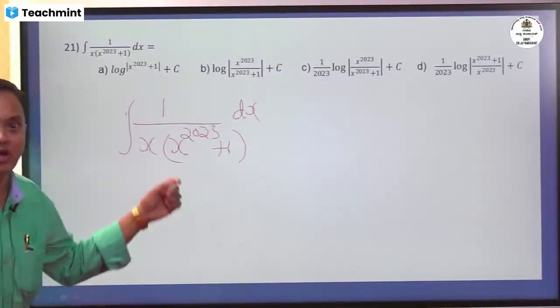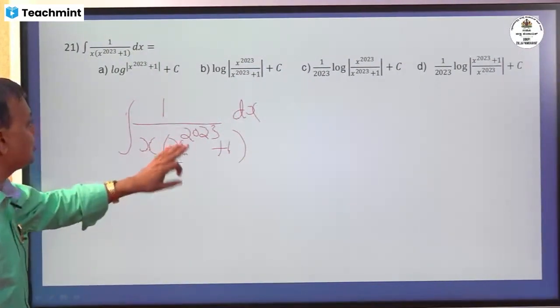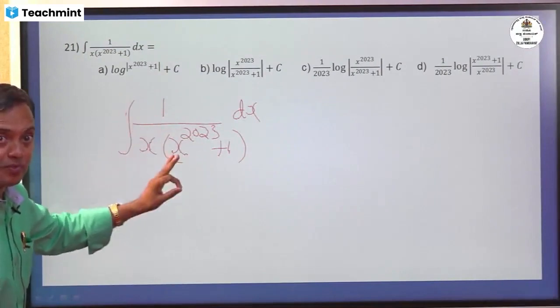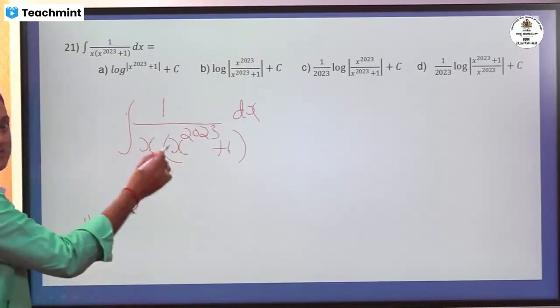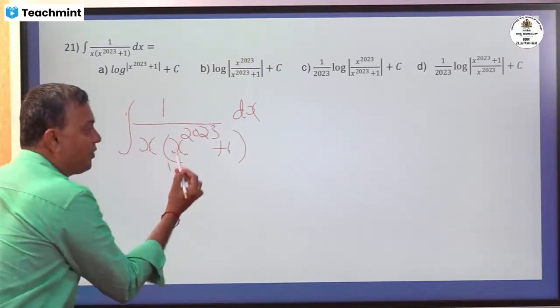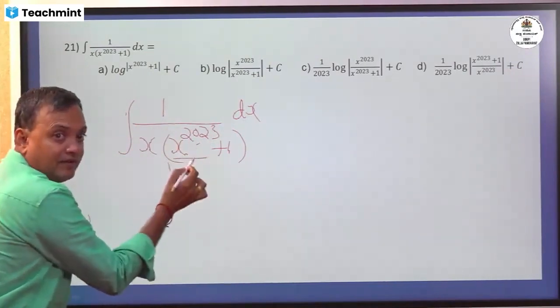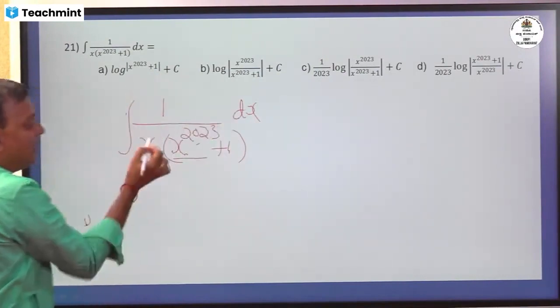What is the derivative of x to the power n? n x to the power n minus 1. What is the derivative of x to the power 2023? 2023 into x to the power 2022. So here go for substitution. Put x power 2023 equal to t. Its derivative, 2023 x power 2022, should be there, but here it is not.